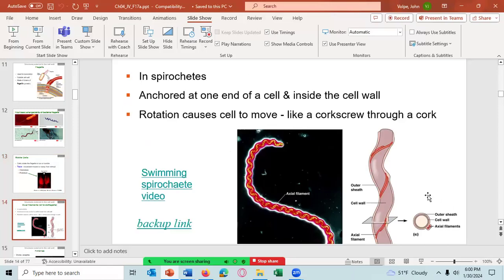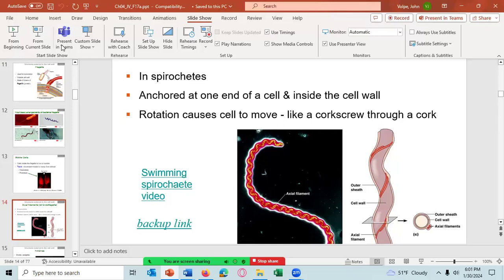All right, in the spirochetes, we have a special flagella, or actually flagellum, because there's only one, and it causes a rotation, causing the cell to move like a corkscrew moving through cork.